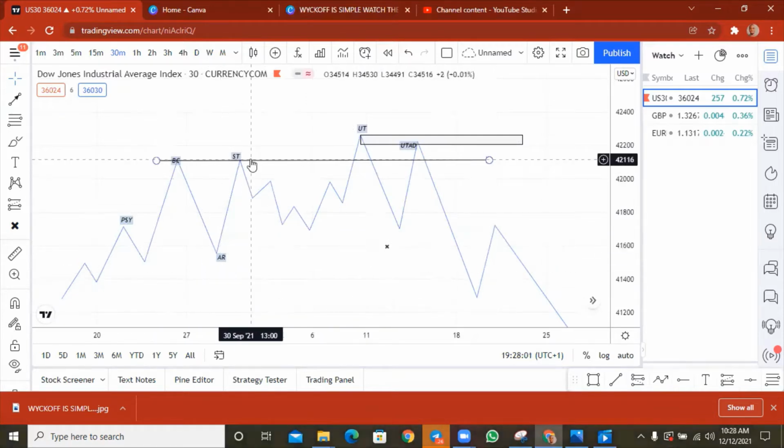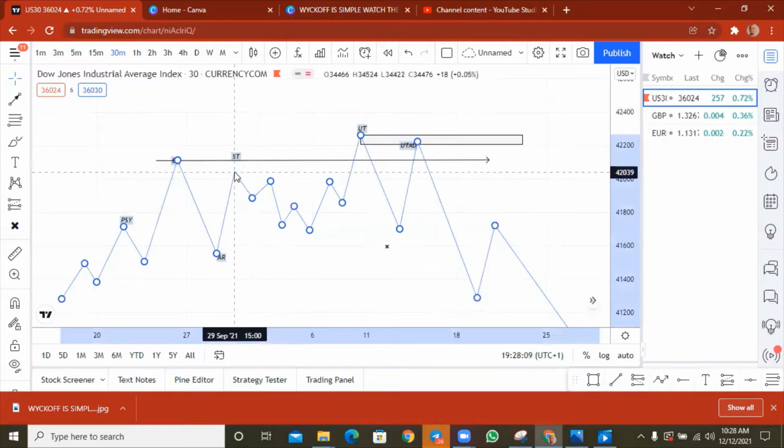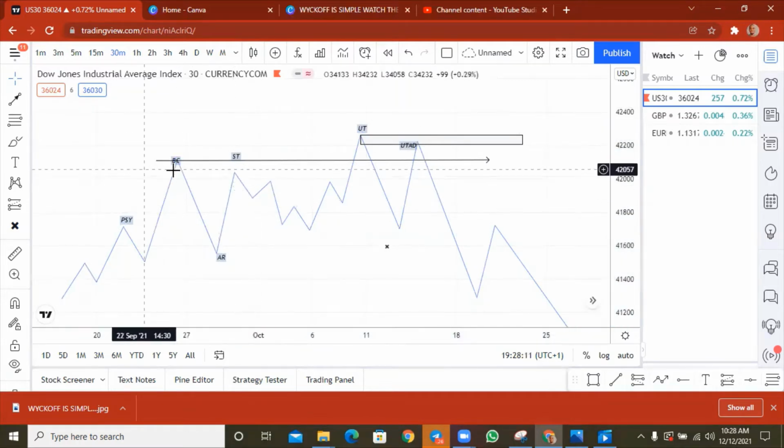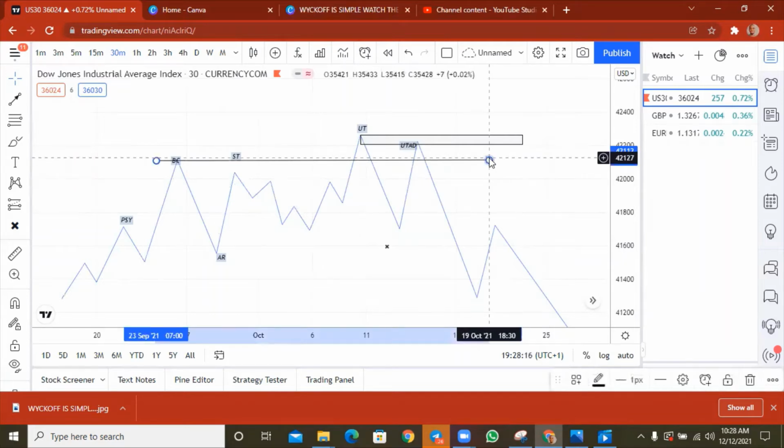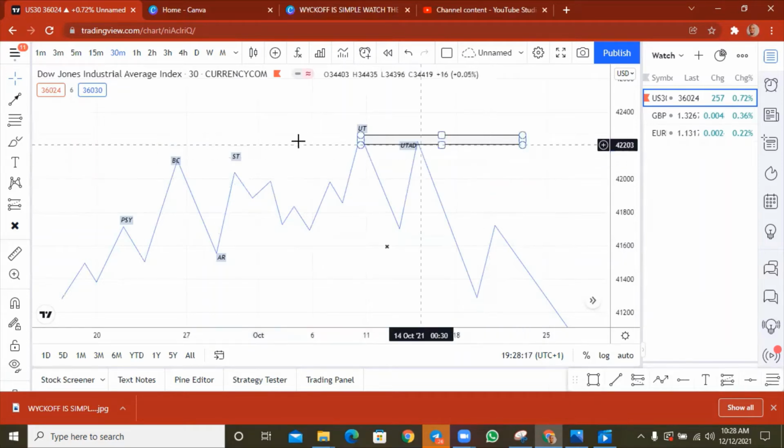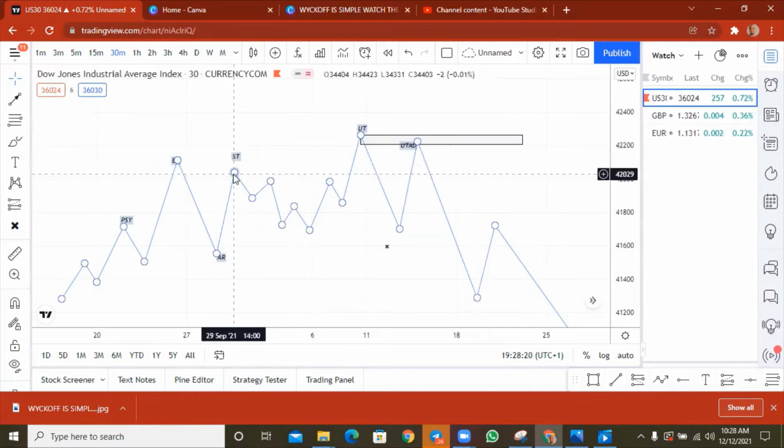Then the next push up, going back towards the buying climax, is known as the secondary test. This secondary test most times is not as high as the buying climax. Sometimes it's as high as it.